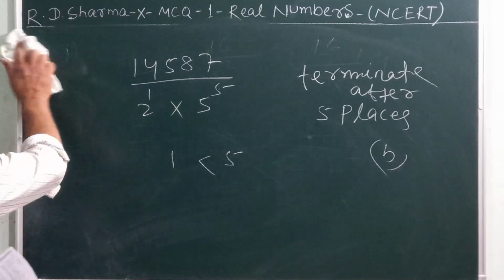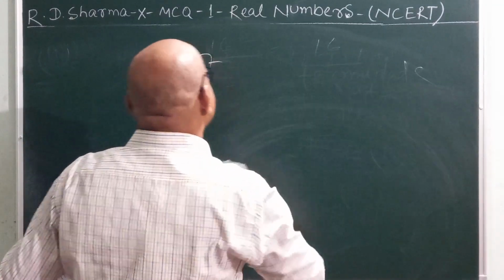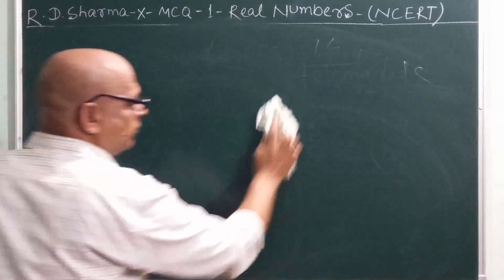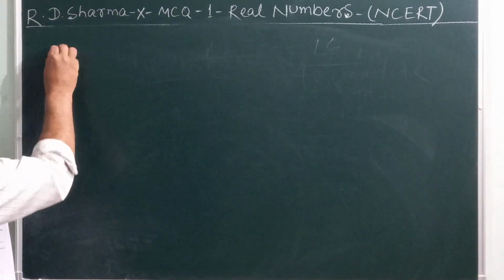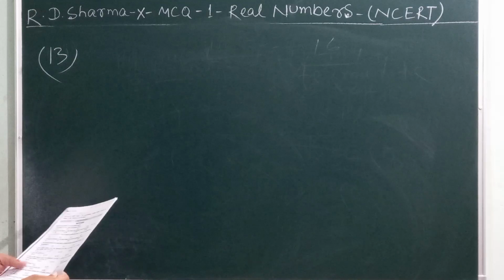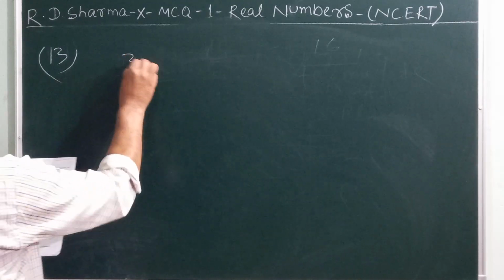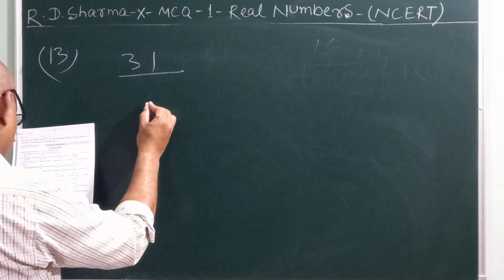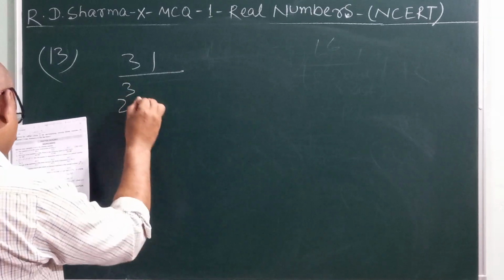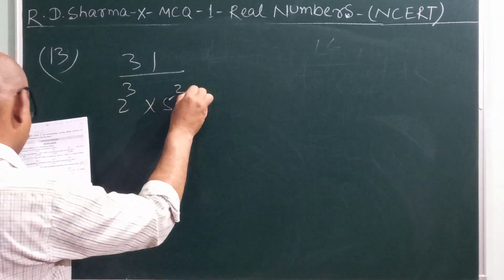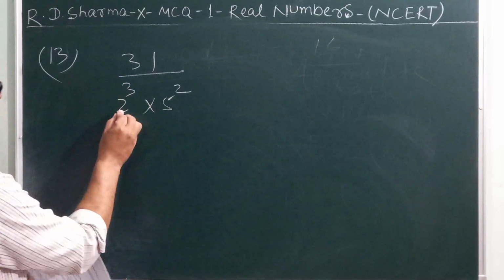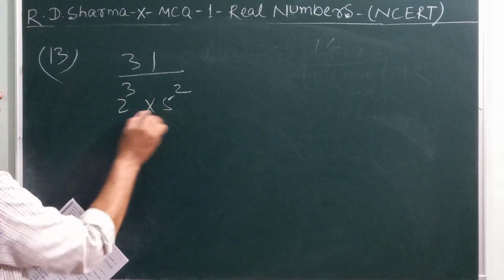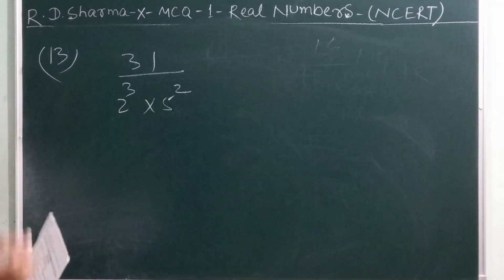Next, 13. 31 by 2 to the power 3 into 5 to the power 2. The denominator's factorization has only 2 and 5, so it is a terminating decimal.